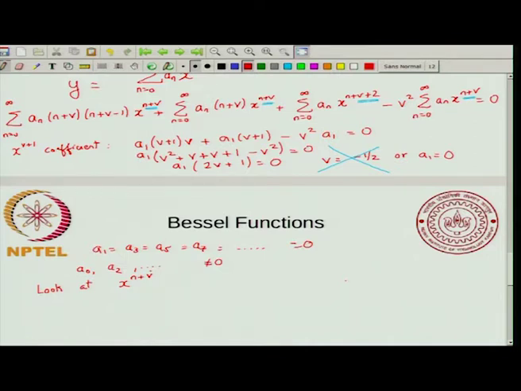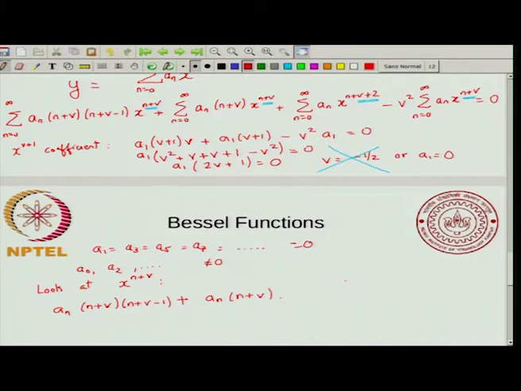If you look at the coefficient of x raised to n plus v, then what you will get is the following. From the first term you will get a_n times (n plus v) times (n plus v minus 1).